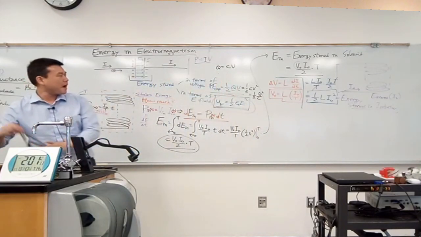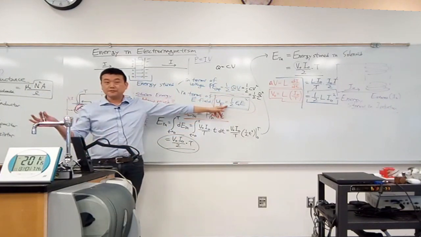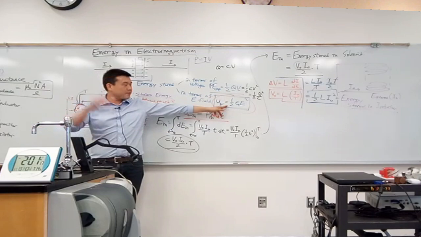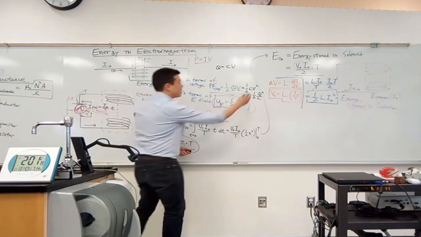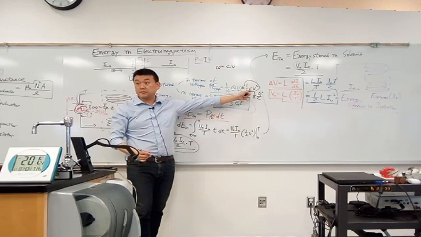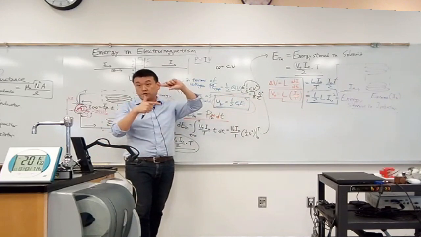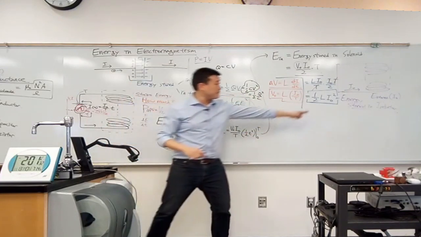Do people remember how we went from this step to this step here? Yes? No? If you don't, that's fine. The way I think I did it was I started out with this and plugged in an expression for C, for the parallel plate capacitor. And then we gave some interpretation to some grouping of terms. I am going to do the same thing here.